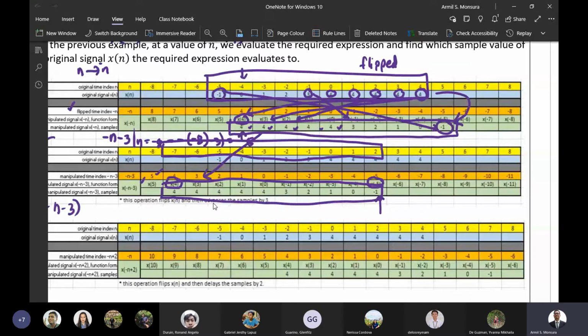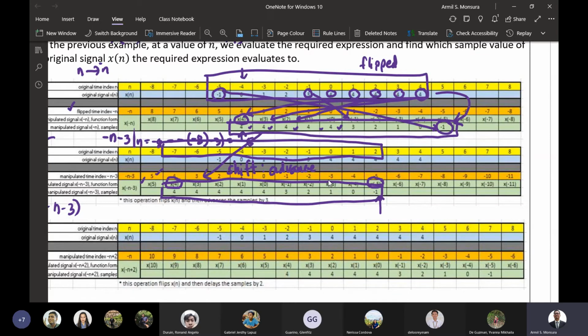Kumpara niyo yung dalawang nilagyan ko ng rectangle. Ano nangyari sa kanila essentially, aside from flipping? Nag-advance po, sir. Nag-advance, okay? So, nag-shift siya, and in particular, yung shifting nyo, advance.